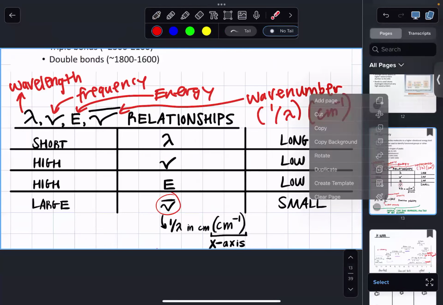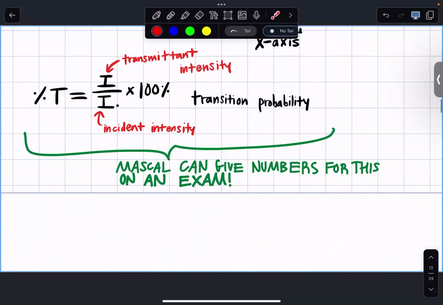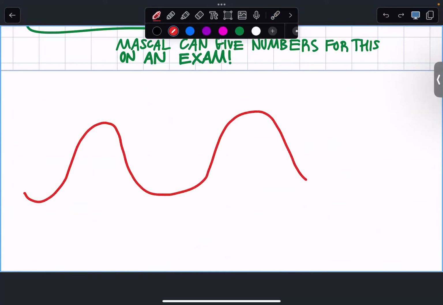So this is like physics again. Let's say you have a long wavelength, like this. A wavelength is from peak to peak.